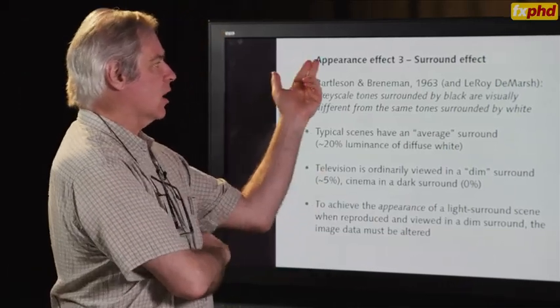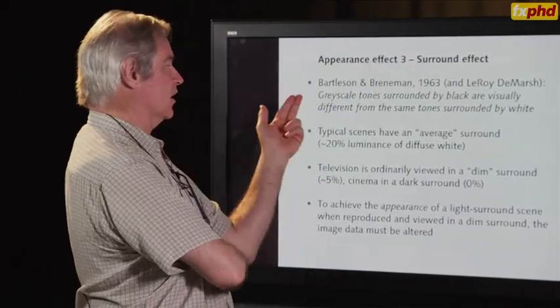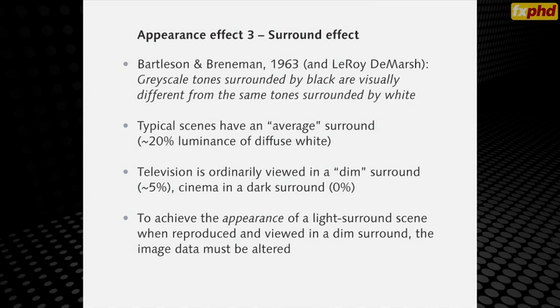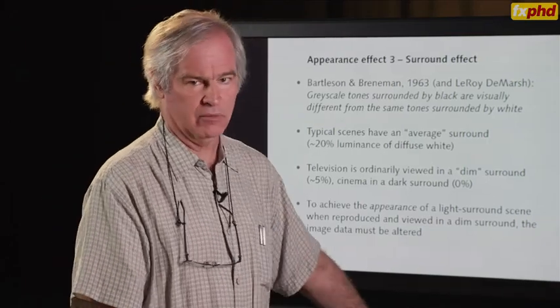And their effect is this, that grayscale tones surrounded by black are visually different from the same tones surrounded by white. And here's a visual example of that phenomenon. You can see on the left 3 squares of different luminance levels. On the right, 3 squares of the identical luminance levels, but now surrounded by black instead of surrounded by white.